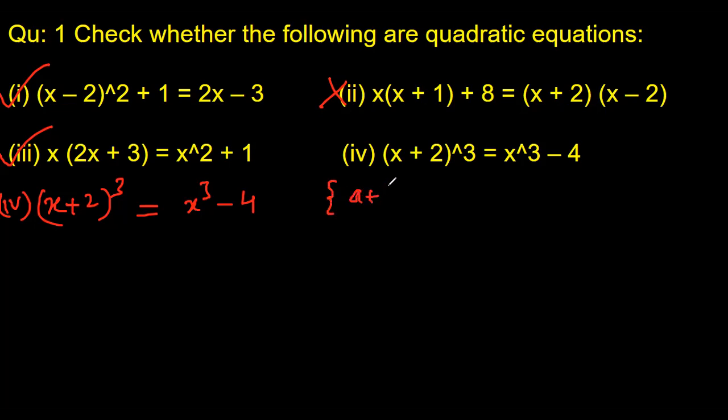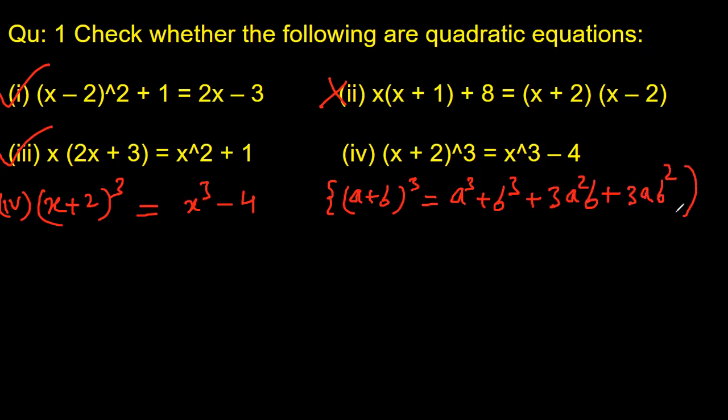The formula for (a plus b) whole cube is a cube plus b cube plus 3a square b plus 3ab square. All right, a cube plus b cube plus 3ab, and in the bracket you write a plus b. When you expand, you get something like this. So we'll apply it here.